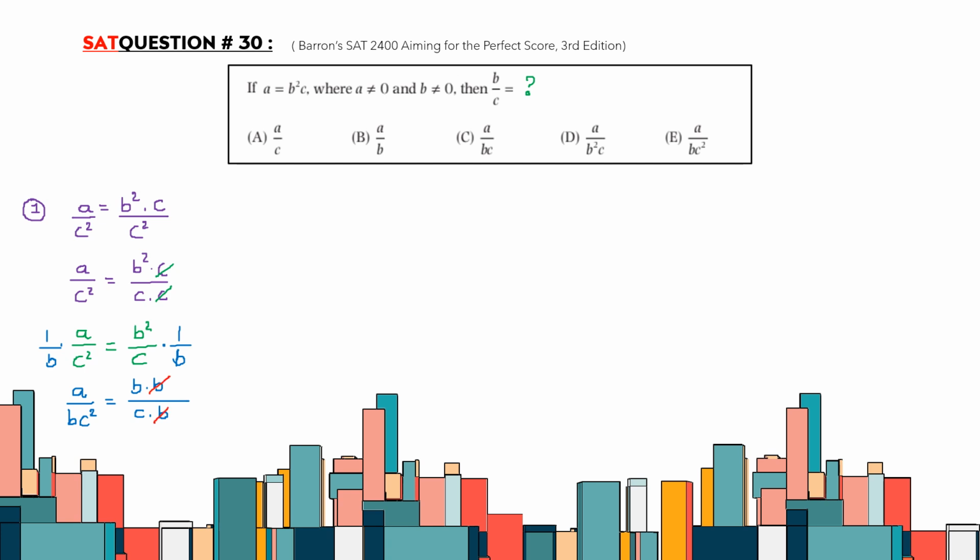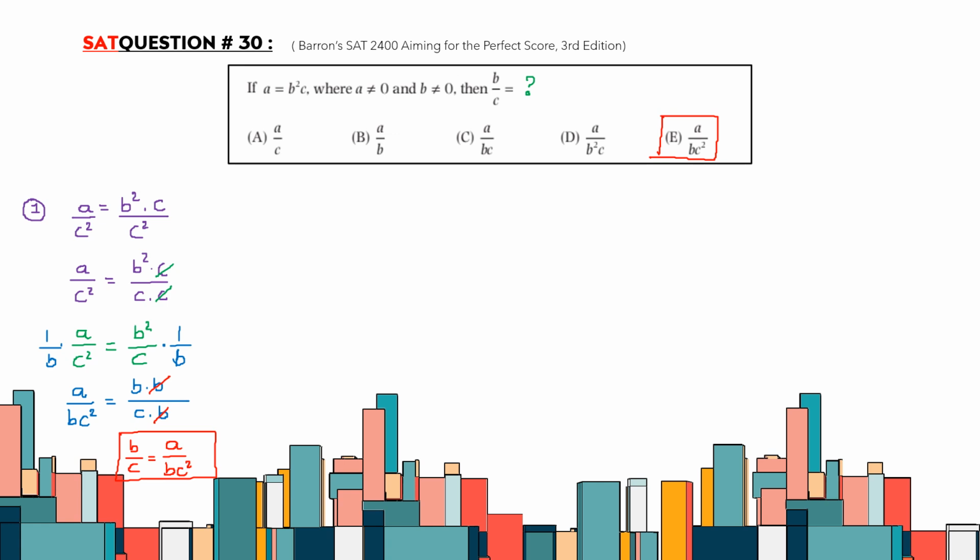Now we have the expression B over C. So B over C equals A over B times C squared. So the answer is A over B times C squared, E.